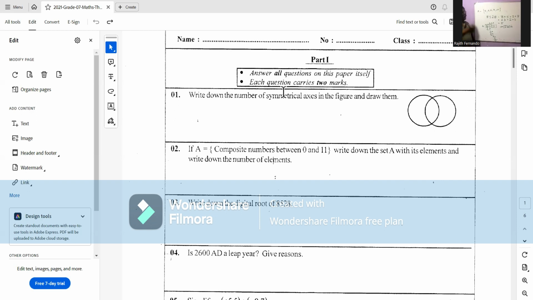But again, you have to see whether it is divided by 400. If it can divide by 400 without remainder, then again it's a leap year. So you have to check 400. 6 fours are 2400. Then the remainder is 200. Therefore, it can't be divided by 400.